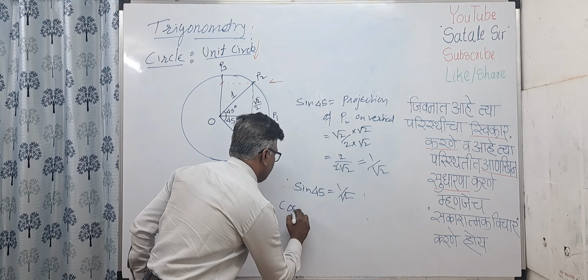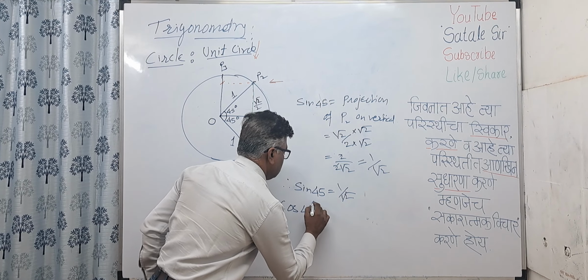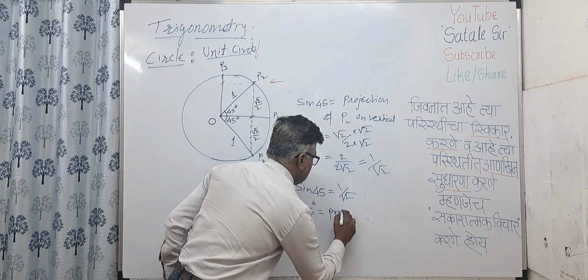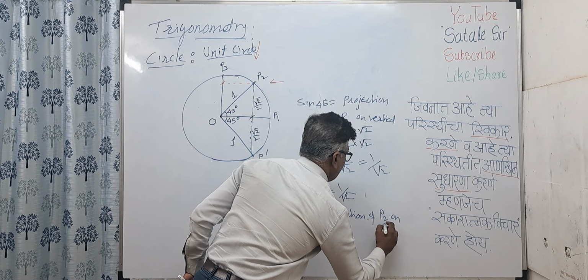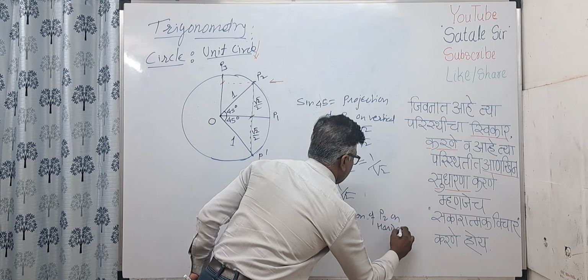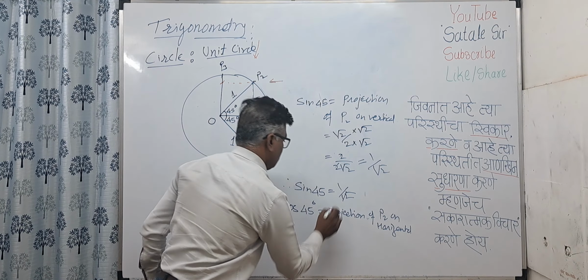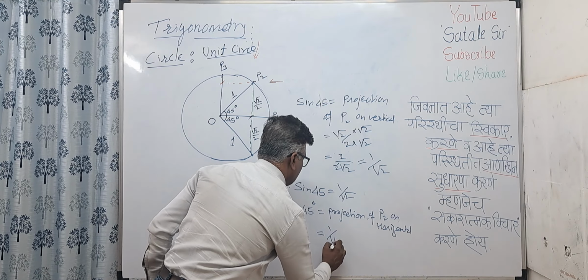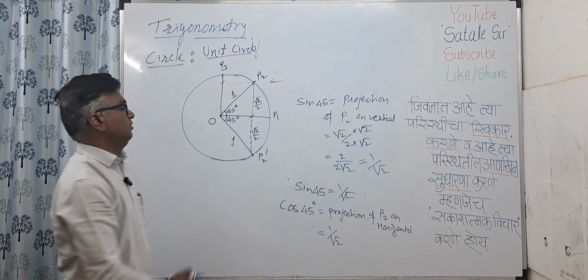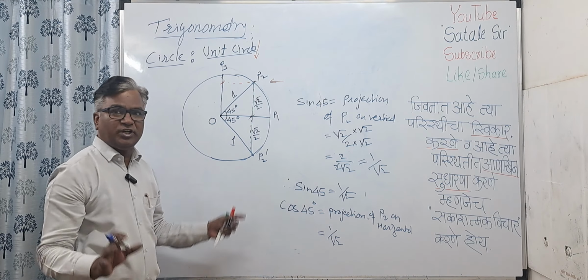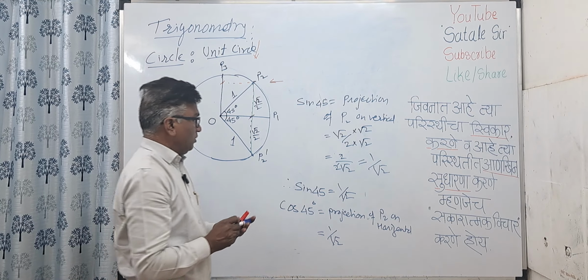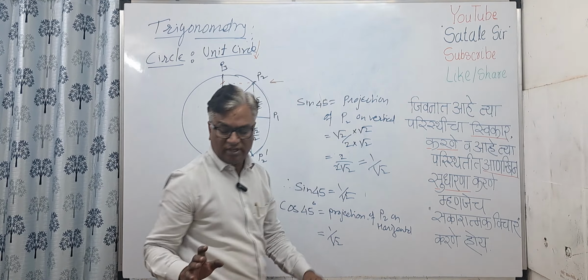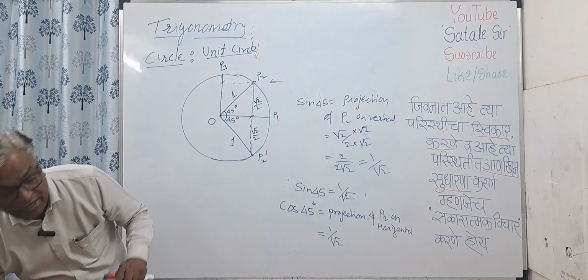So cos of 45 is equal to the projection of P2 on the horizontal line. Again this is the same value, 1 by root 2. You just have to look at the figure, then you can easily understand this is equal to 1 by root 2.